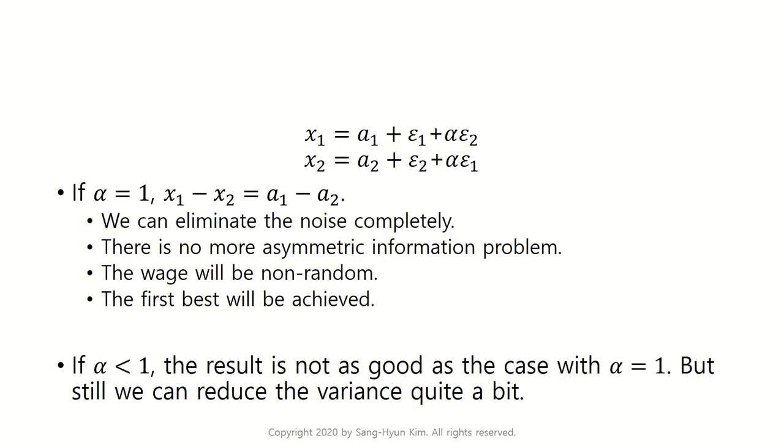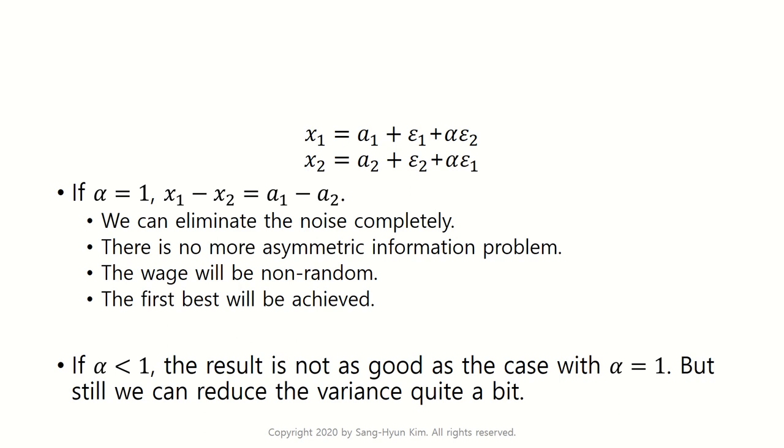So if there is some common unobserved factor, then we can eliminate, or at least we can reduce the variance of noise quite drastically. Then we can achieve something similar to the first best.